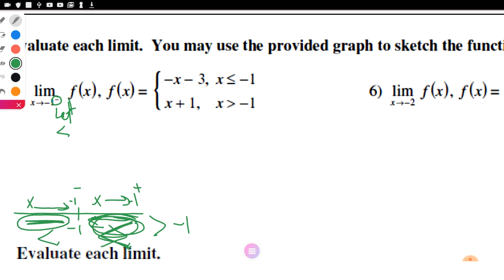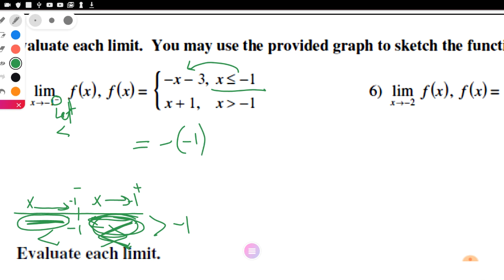This is the values of x included in this subdomain. I have to replace in this rule. Understand? From left, less than. From right, greater than. When you ask to find the limit from one side, I replace only in the rule which satisfies this condition. Here, from left, less than. I have to replace -1.